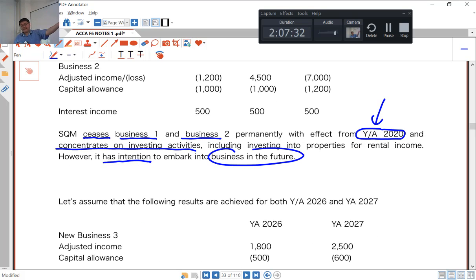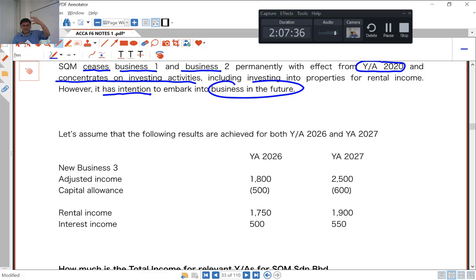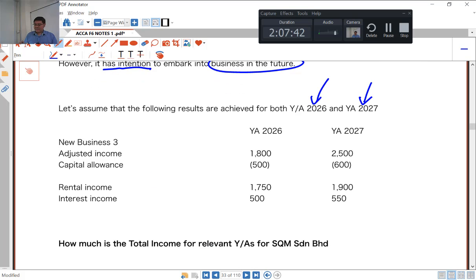So they may start back a business in the future. And now I'm telling you the future. Please assume in 2026, 2027, they come out with business number 3, a new business, and these are the results. Okay? The adjusted income, the CA, the rental, the interest.